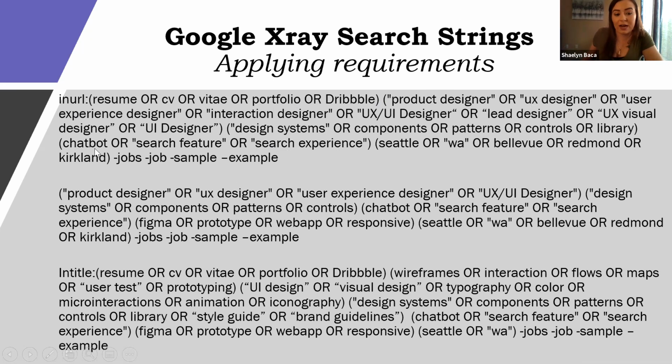Then I put in the job titles. Personally, I like to put job titles for designer roles because I've noticed if you put in just the deliverables, you can get developers developing the prototypes and stuff like that. I also wanted someone with a lot of visual experience, so I put in design systems, components, patterns, controls, library, because they're designing a component library, pattern library.